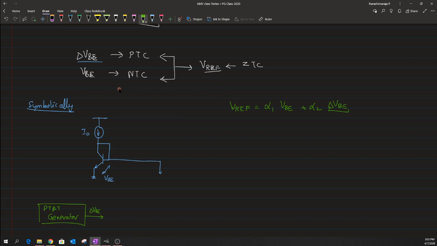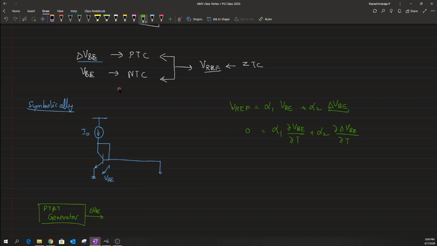And also one could rewrite this entire expression in terms of temperature coefficients, where V reference is independent of any temperature term. So when we differentiate, we end up having a zero term, and then this delta VBE with respect to temperature, and alpha 2, which again results in a positive temperature coefficient.